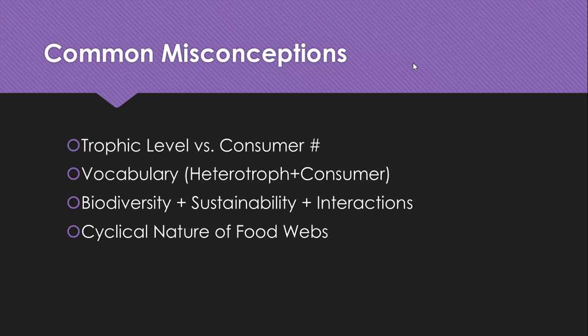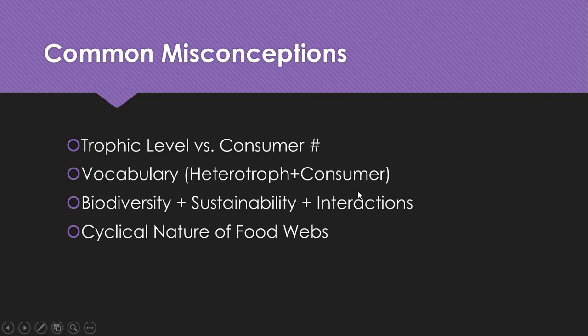Common misconceptions. Students often will say, oh, this is a primary consumer. Primary, that means one, it must go on the first trophic level of an energy pyramid. However, the first thing that goes on a trophic level is actually autotrophs. So students often put the animals, or heterotrophs usually, on a trophic level underneath where it should be.